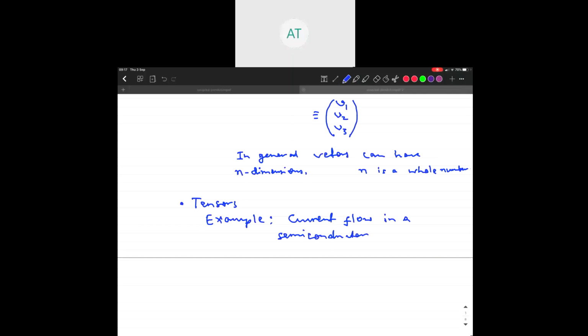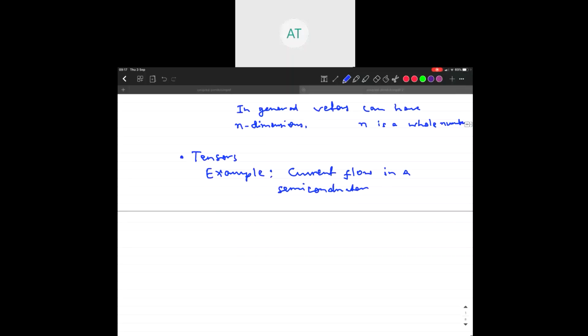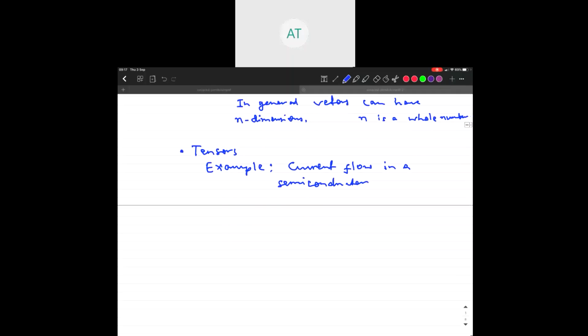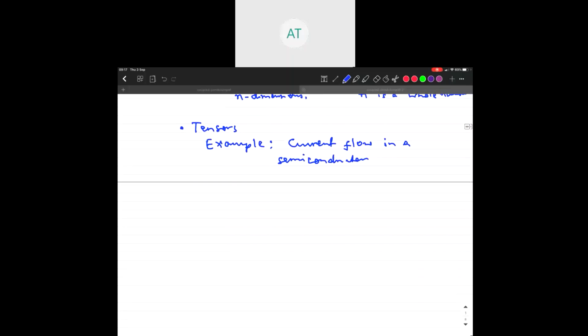Very soon I will come to the manipulations which are required, or the kind of math that needs to be developed. But before that, let us just familiarize ourselves with why tensors. So the question here is, why tensors in physics?